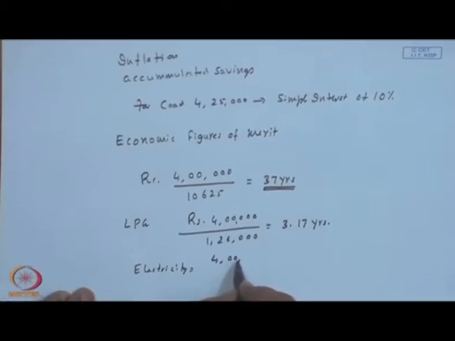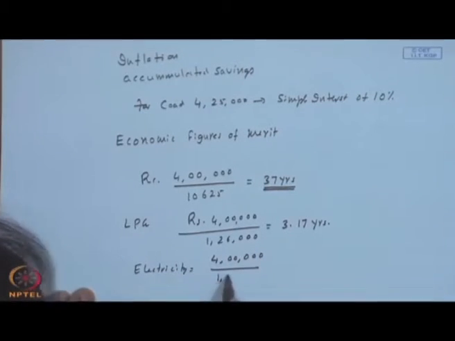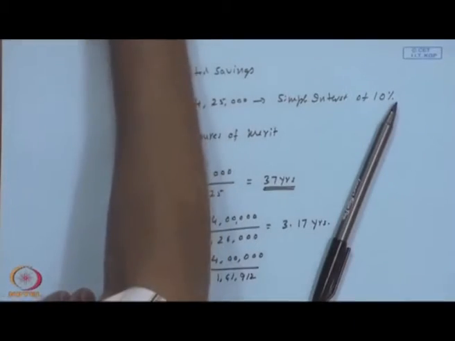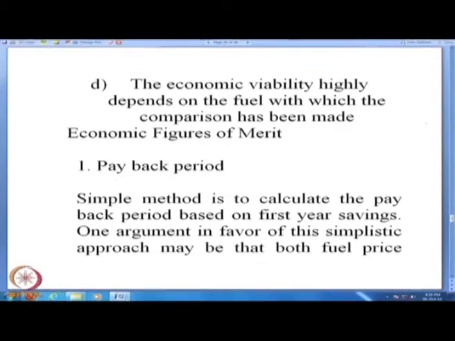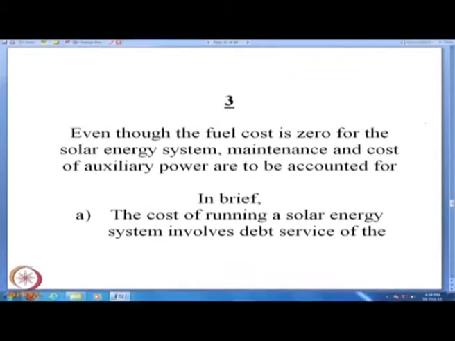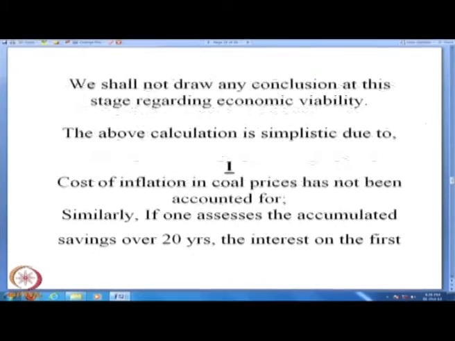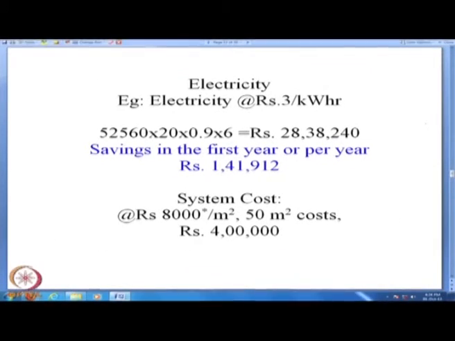Four lakhs by 1,41,912. Let me just check this number once. This is 1,41,912. Okay. I think the issue is whether it is at 3 rupees per kilowatt hour, or finally I thought it is higher and took it as 6.